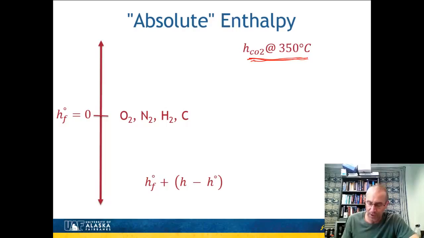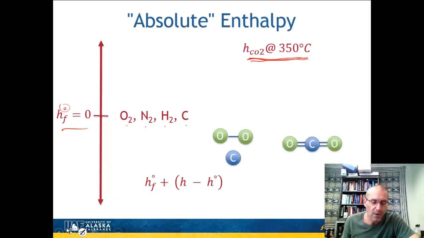The way that I do it is I come back to this idea of the enthalpy of formation. Remember, the enthalpy of formation lets me determine what the enthalpy is of any material at 25 degrees Celsius, and that's what this little degree symbol means, which is the standard state. We define these building blocks, O2, N2, H2, and carbon, as having an enthalpy of formation of 0.